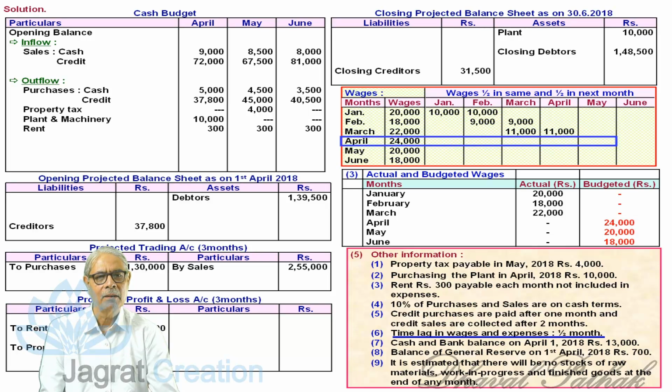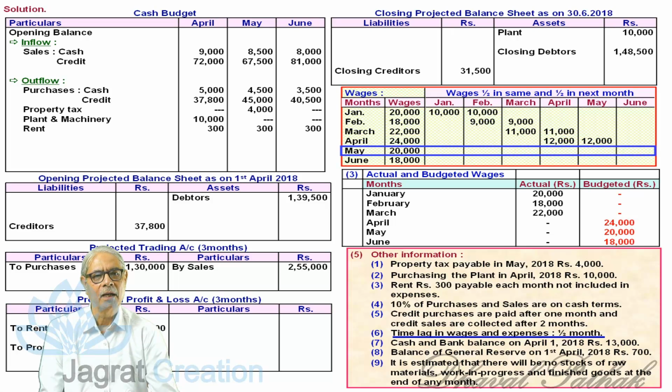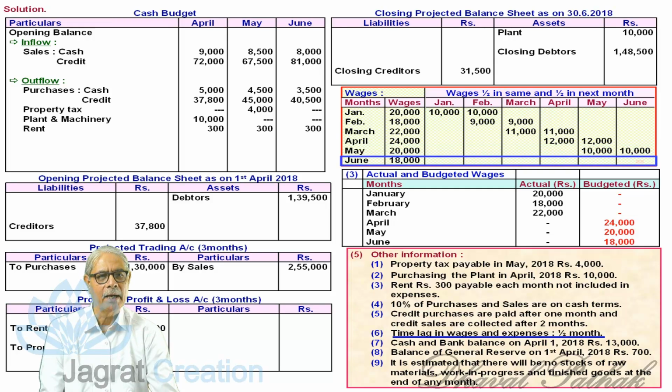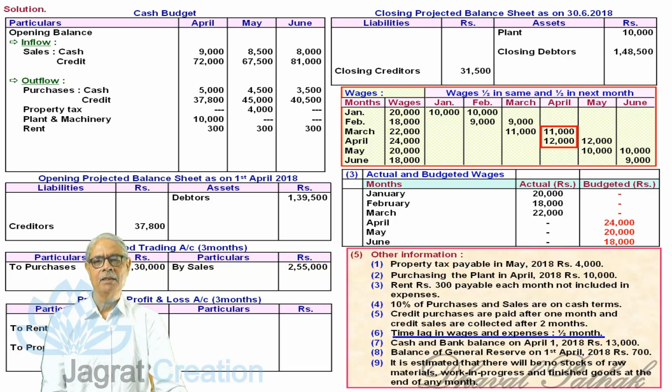April, half paid in April, half paid in May. May, half paid in May, half paid in June. June, half paid in June, half outstanding as on 30th June. Now let me write down the payment for the budget period. So 11,000 plus 12,000, the wages paid in April, that is half of March and half of April.